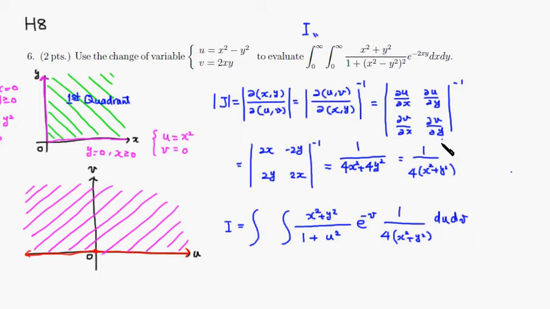The region is, you can see that u is all real numbers, so you're going to go from negative infinity to positive infinity, and v is going to go from 0 to infinity.